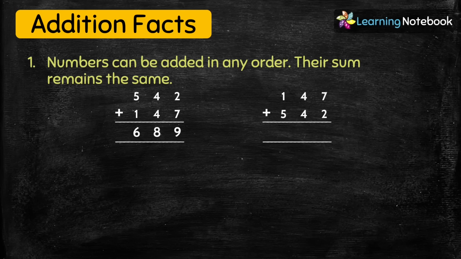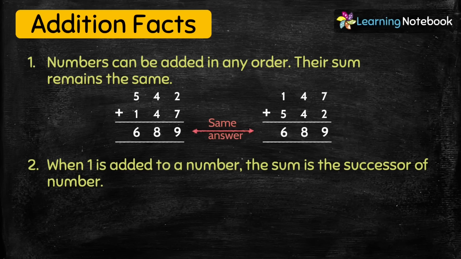Now let's reverse the order and add 147 and 542. But again, we get the sum as 689. So it means numbers can be added in any order, their sum will remain the same.